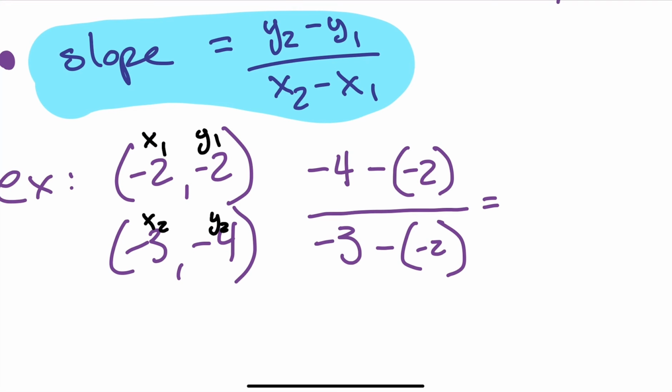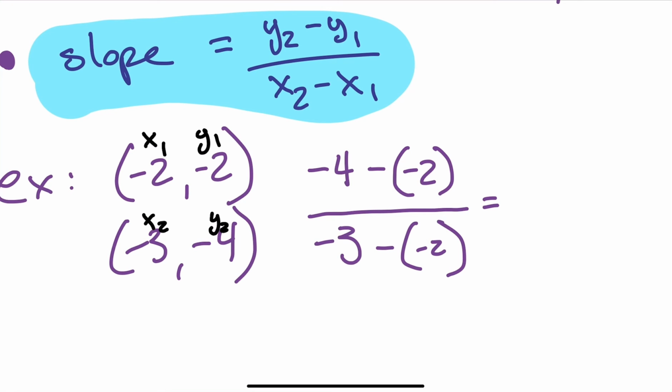So we have -4 minus a -2. So we have a negative and a negative here. Now, these parentheses, if we remember from last time, whenever we had parentheses, we could distribute with those. So what I'm going to do is distribute this negative to the inside of my equation. Remember, when we distributed, that meant multiply.